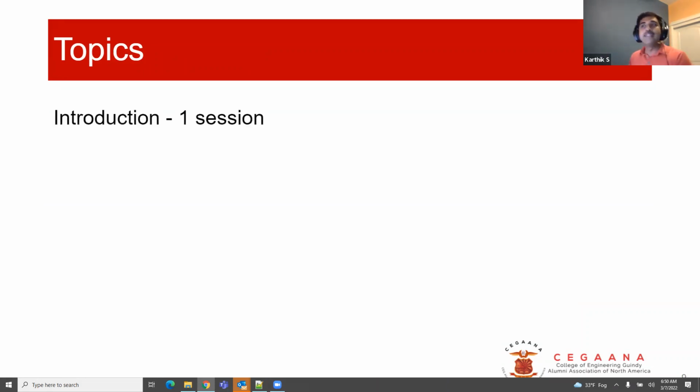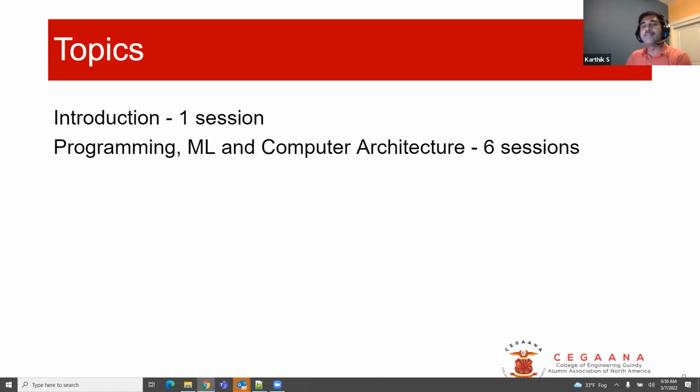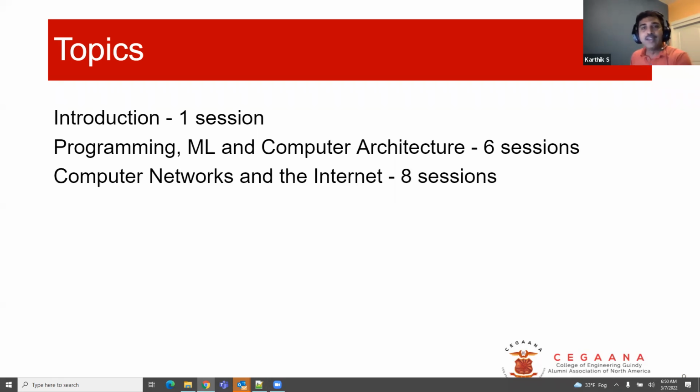So we are in the introductory session, the session where we introduce the program and the structure. The first block is made of 6 sessions, 2 each covering topics for introductory programming, machine learning, and computer architecture. After those 6 sessions, we'll switch gears to go into computer networking and the internet, where there would be about 8 sessions offered by 3 professors talking about networking.